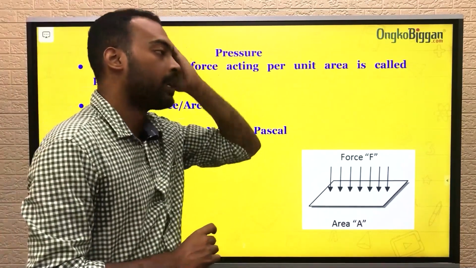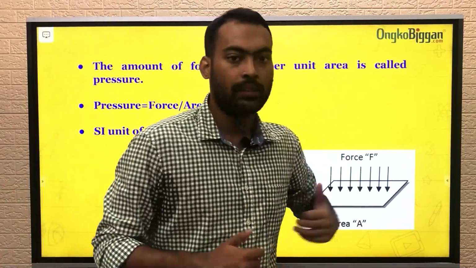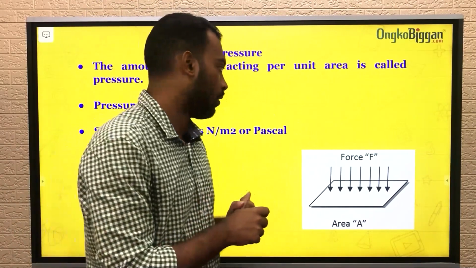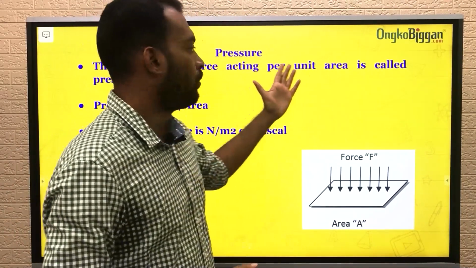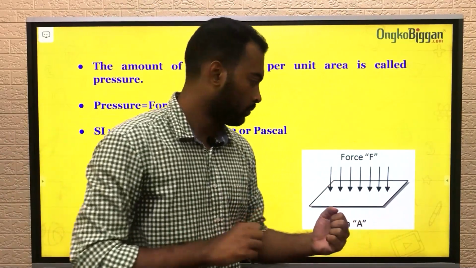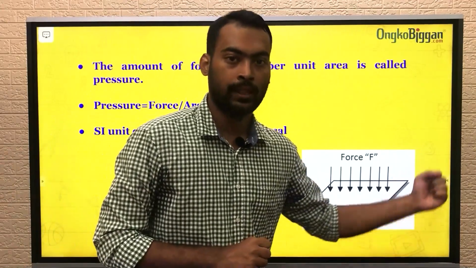In order to understand pressure, we must understand that force is not the only factor involved to figure out the pressure. The surface area on which I'm applying the force also matters.